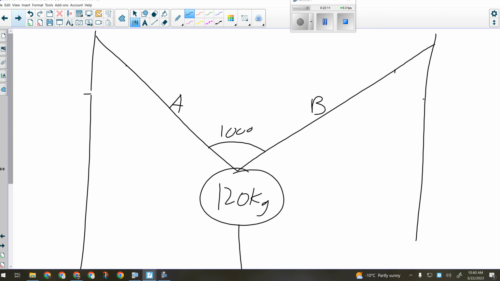A 120 kilogram speaker. I don't know if you guys have ever been to the football games at McMahon Stadium. They've got the big speaker that hangs down in the middle of the field from the four corners. Okay, so this is one that's only being suspended by 2 cables. It has a mass of 120 kilograms, suspended by 2 cables that have a 100-degree angle between them.